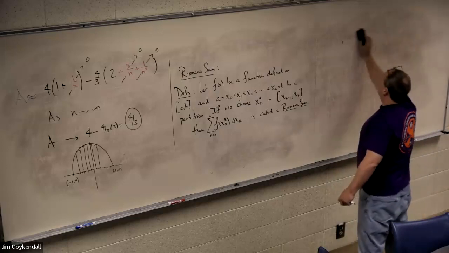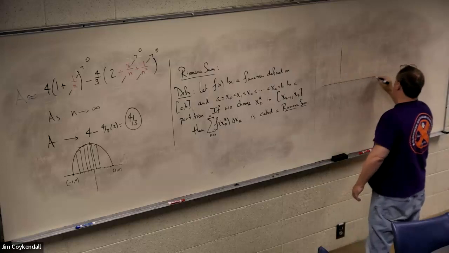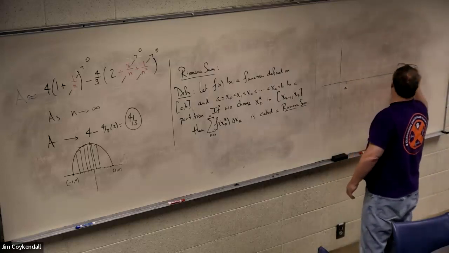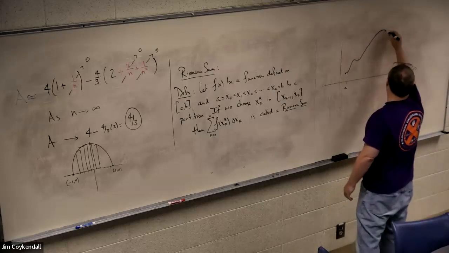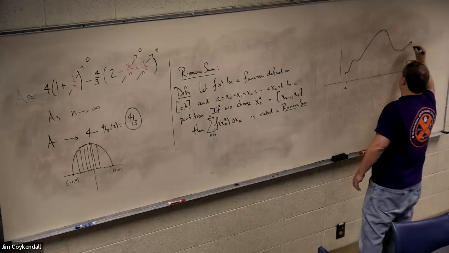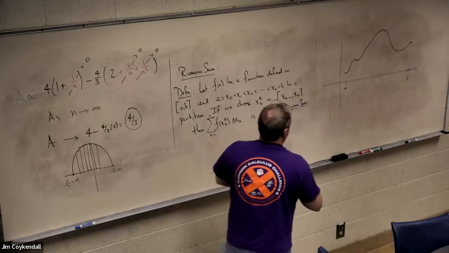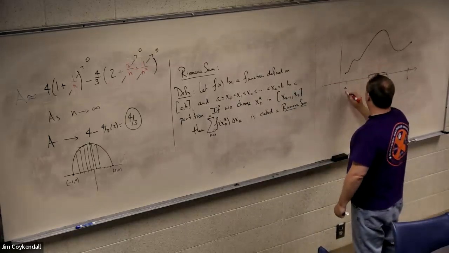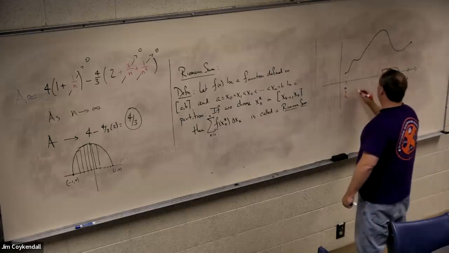This gives you a little bit more freedom. So let me draw you a picture of what a Riemann sum looks like. Here's my A, and here's my B, here's my f of x. I can partition this any way that I want. This is x0, this is xn.